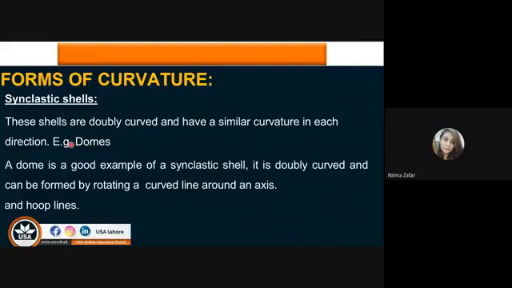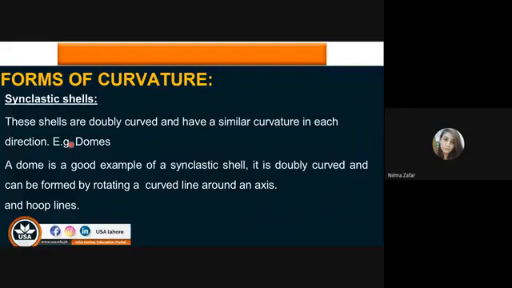Now, previously it was said that domes are singly curved and their curvature is in all the four sides. But now, if we go into detail while talking about synclastic and anticlastic shells, we have dome in synclastic curves which are doubly curved.